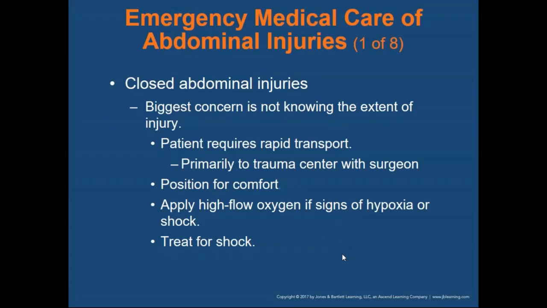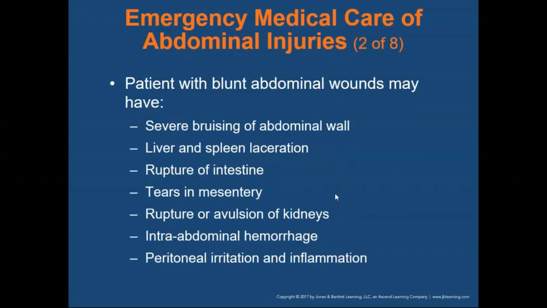Give them high flow oxygen. Don't withhold oxygen from these patients. Don't play around with the SpO2 monitor unless science changes. Right now we're going to provide all the oxygen possible to these patients who have the potential to develop shock from this. Have suction ready, just like I said, and that's what we're going to do.